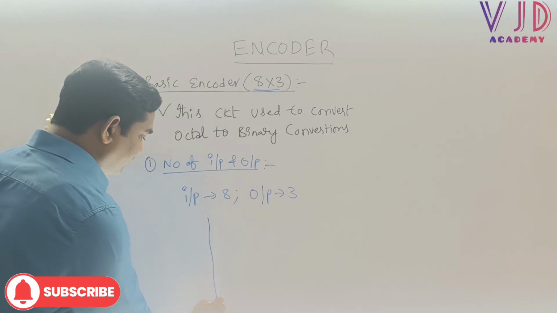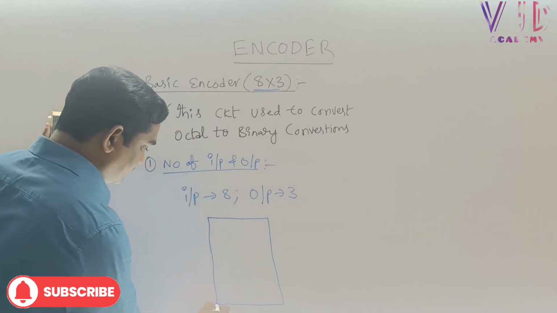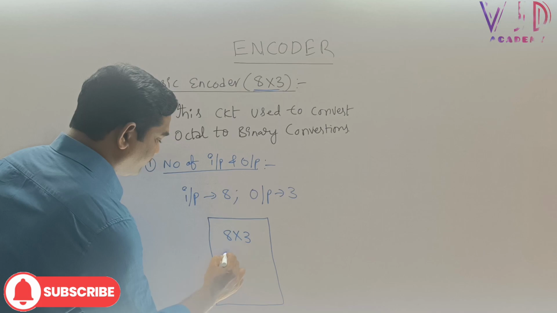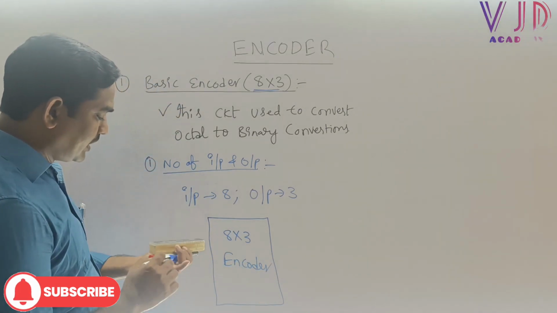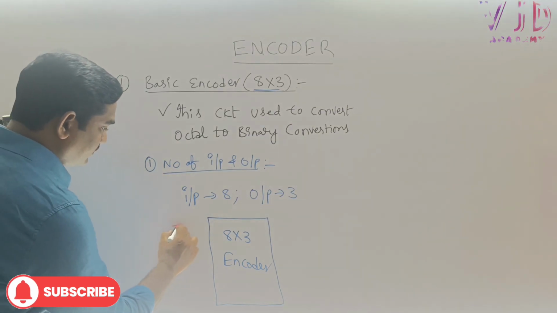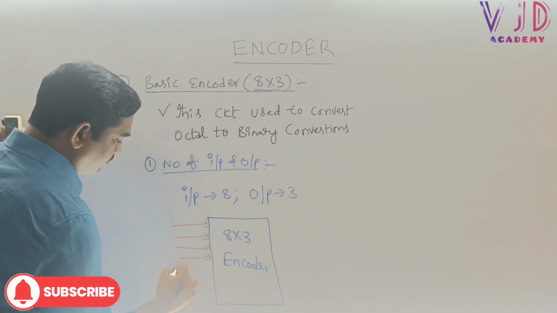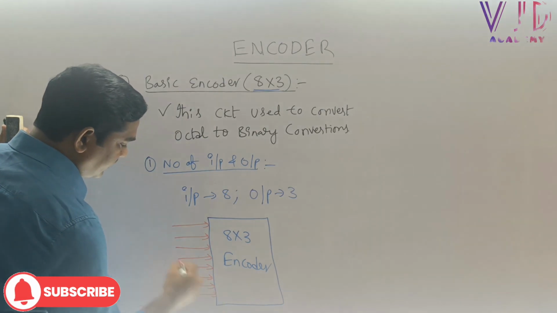The block diagram of 8 into 3 encoder. So this is 8 into 3 encoder. Here the 8 inputs are 1, 2, 3, 4, 5, 6, 7, even 8.